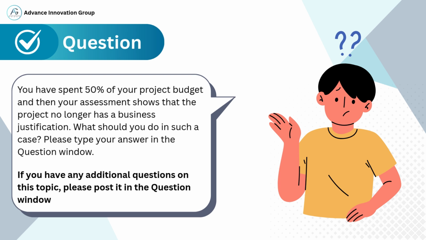Why? Because Scrum emphasizes value-driven delivery. If no more value is expected, then continuing the project wastes time and resources. It's better to stop and reallocate the remaining budget and resources to more valuable initiatives.